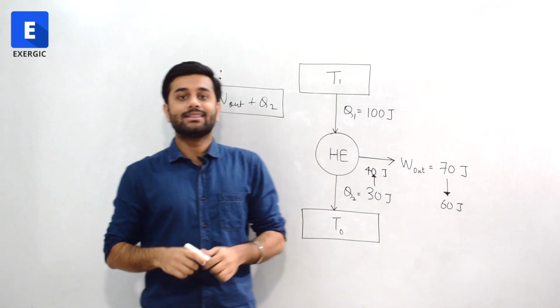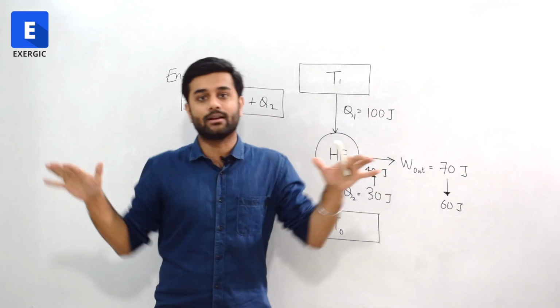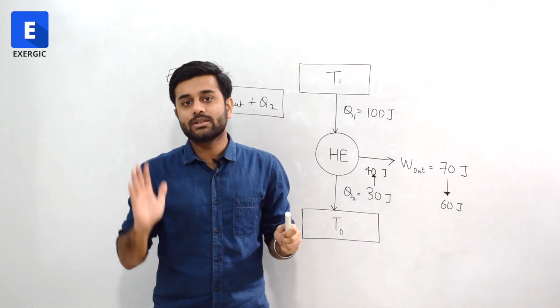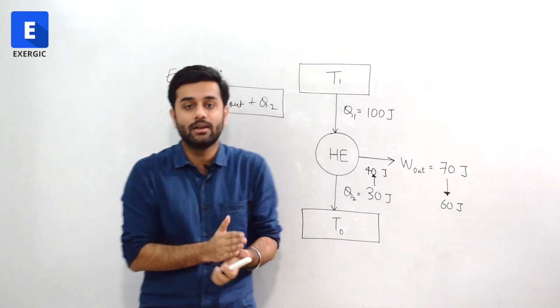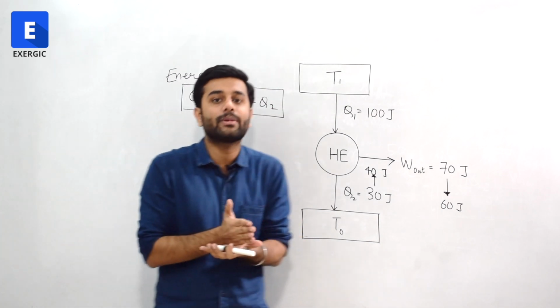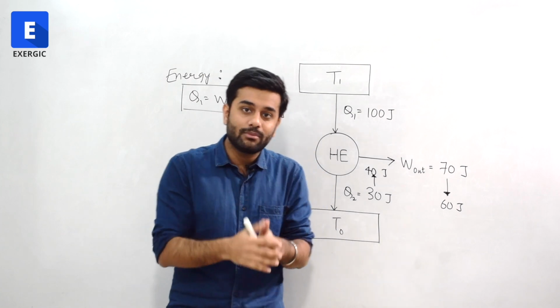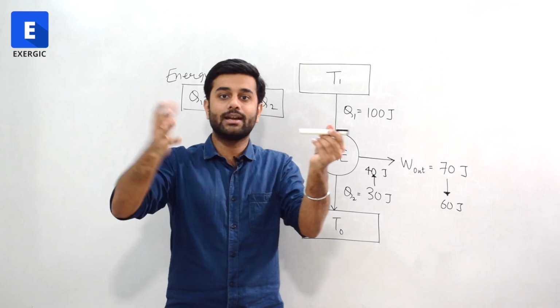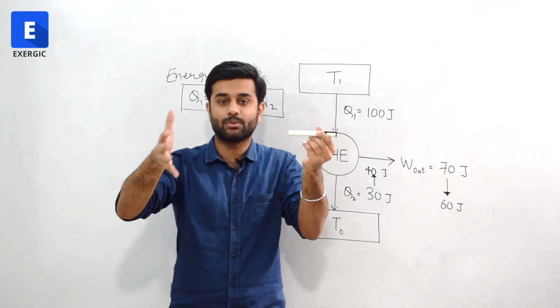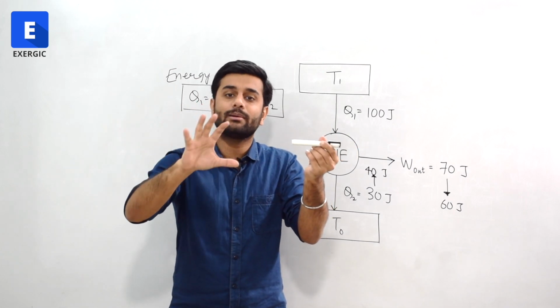Now tell me, this heat is directly rejected to the surrounding. Can you extract any work from this? No, because it is available at the lowest possible temperature. T0 is the lowest possible temperature. If you want to know the availability of Q2, which is in the atmosphere, this is the heat engine, it rejected heat to the atmosphere. Now it is available to me in the atmosphere. How can I find out its available energy?